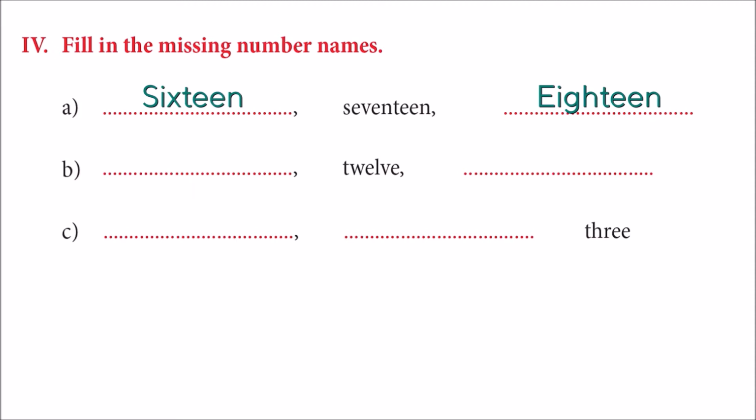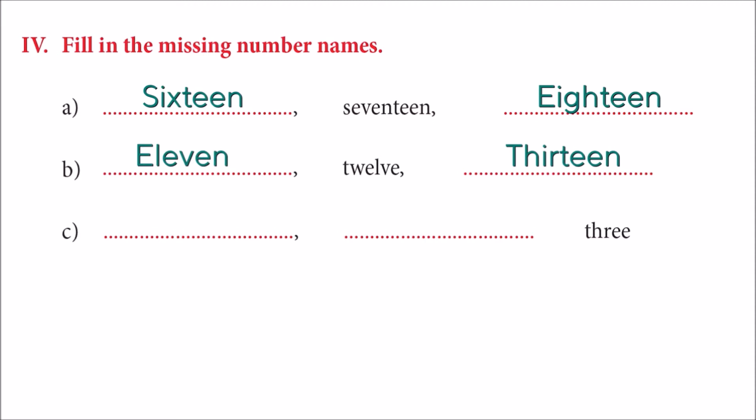Now let's try another one. What comes before 12 and after 12? It is the number 11 which comes before 12 and the number 13 which comes after 12. Let's try the last one. This is a little tricky. We have two blanks and then the number name.